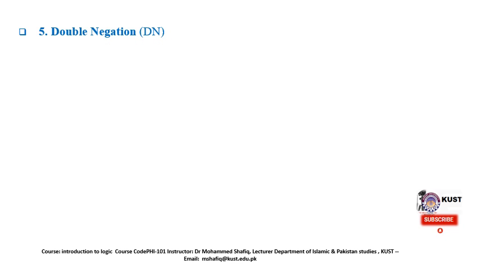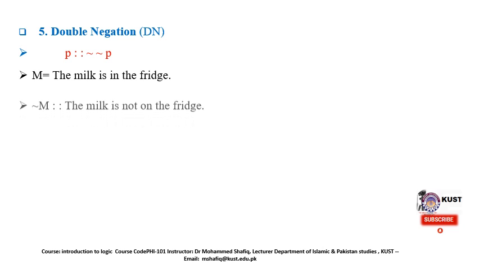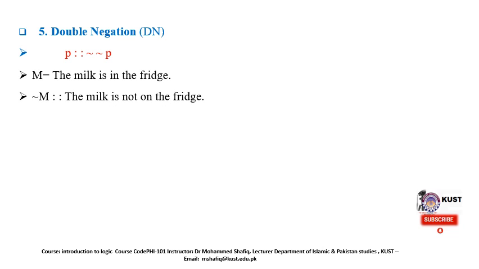So, the rule of replacement of double negation. We can easily replace statement P with double negation P. For statement M says the milk is in the fridge, and tilde M says the milk is not in the fridge.